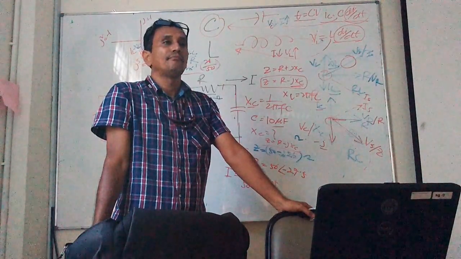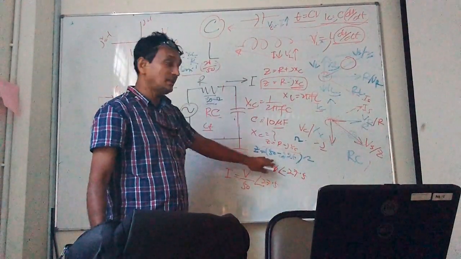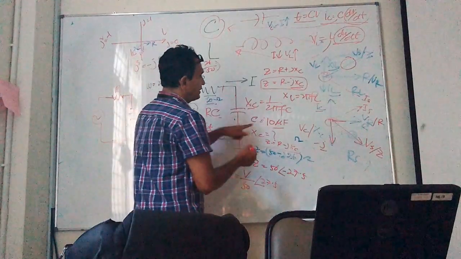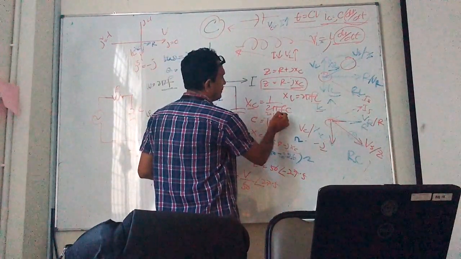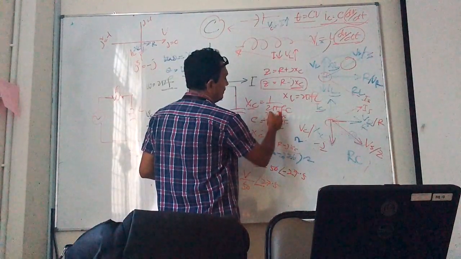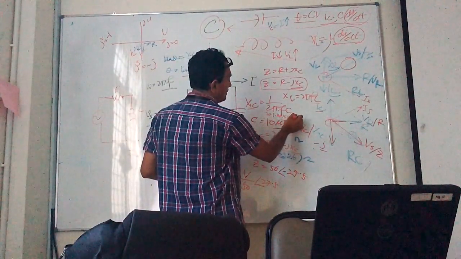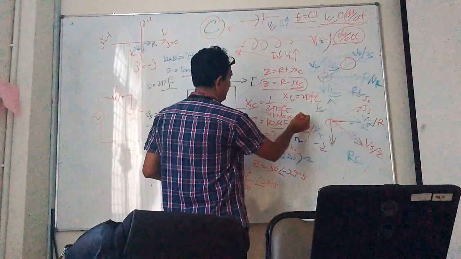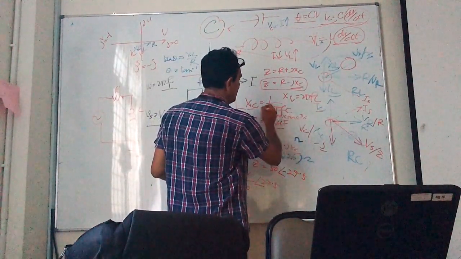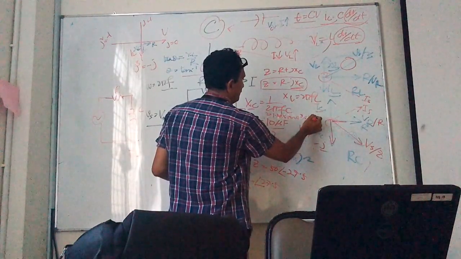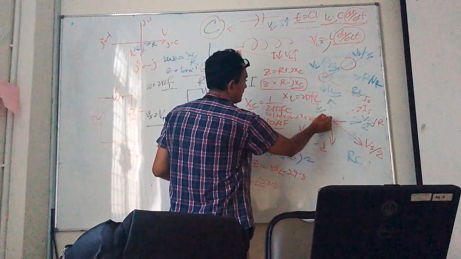I still don't understand the calculation here. So please make it. Here is 2 times 3.14 times F, which is 60 times 10 to the power 3, that is 60 kilohertz, then 10 times 10 to the power minus 6.